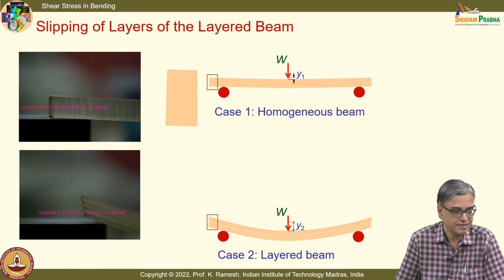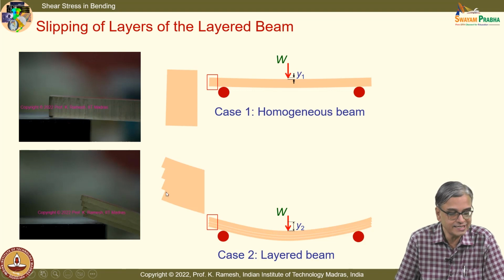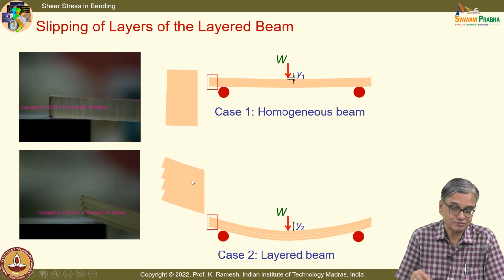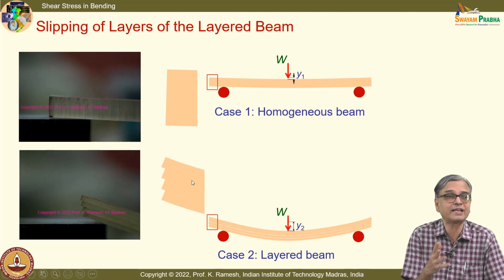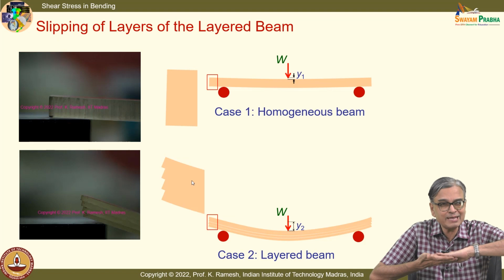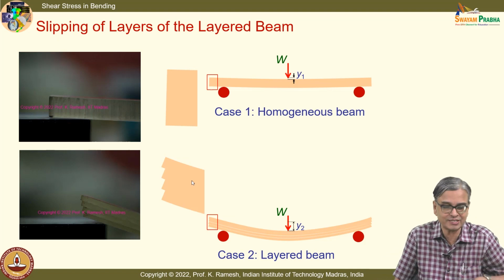Okay. And what you have is, these layers have slipped to different extent. That is why you see this as an edge like this. So conversely, what we can understand is, something was there to keep them together in the homogeneous beam.